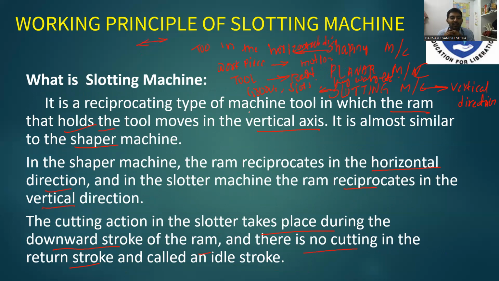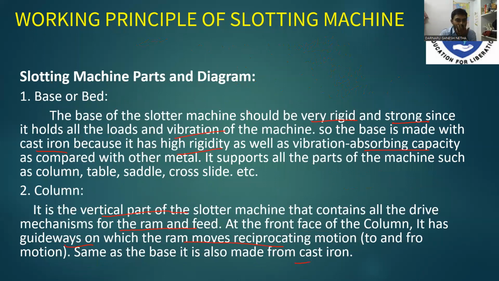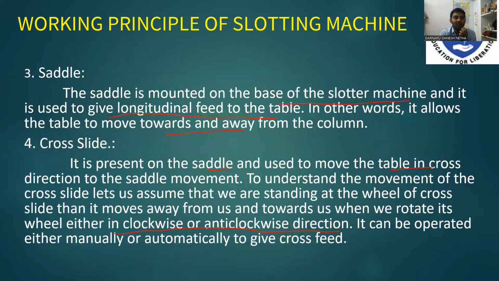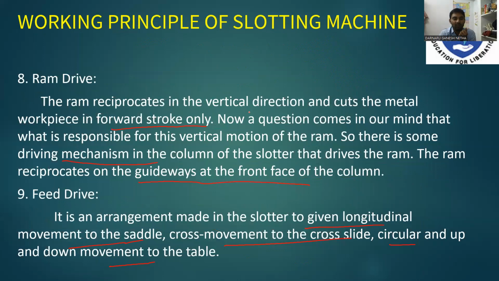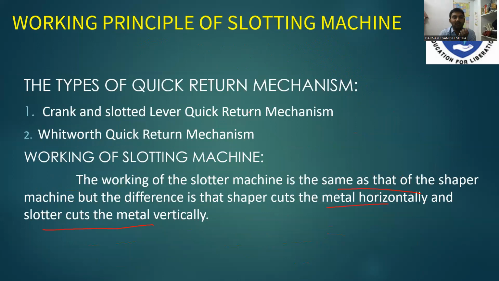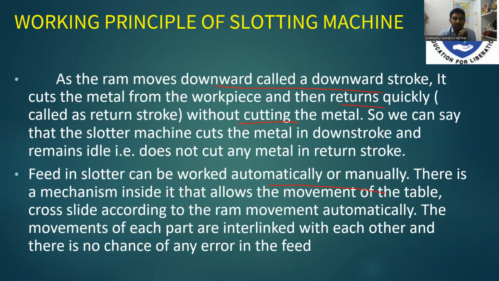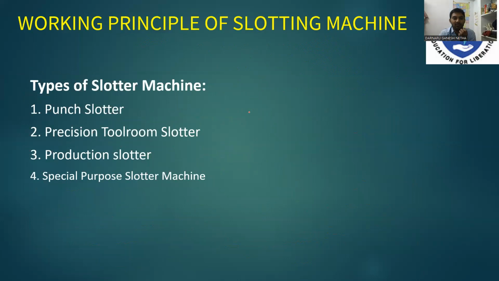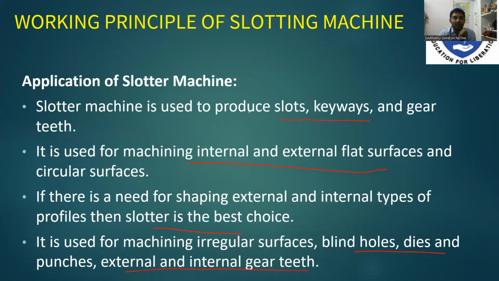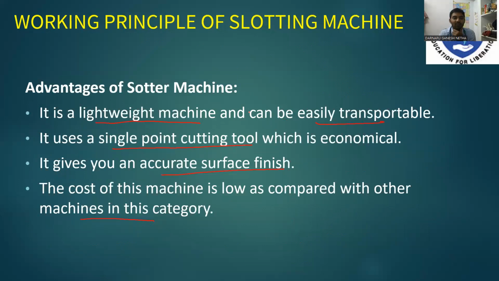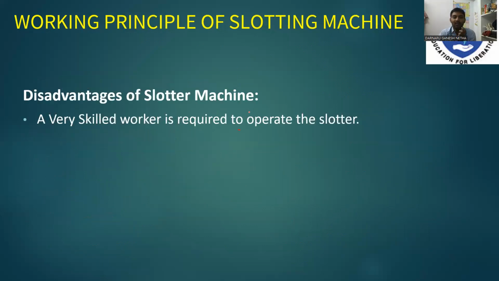We discussed the basic comparison between shaping machine, planer machine and slotting machine, and also what a slotting machine is and its parts: base or bed, column, saddle, cross saddle, ram, tool head, ram drive, feed drive, and mechanisms used in the slotting machine, types of quick return mechanism, working of slotting machine, types of slotter machine, puncher slotter, precision slotter, operations performed on slotters, applications of slotters, advantages and disadvantages of slotting machine.